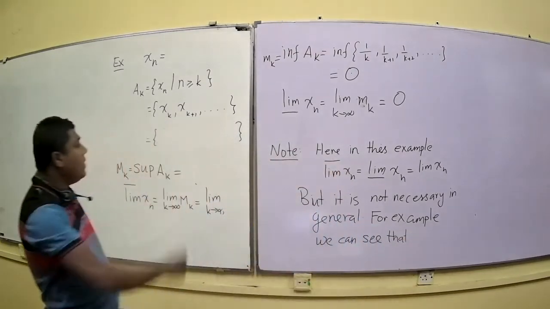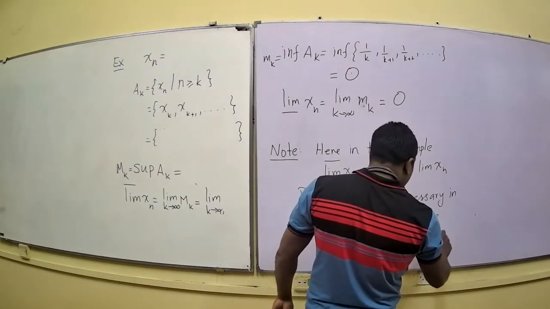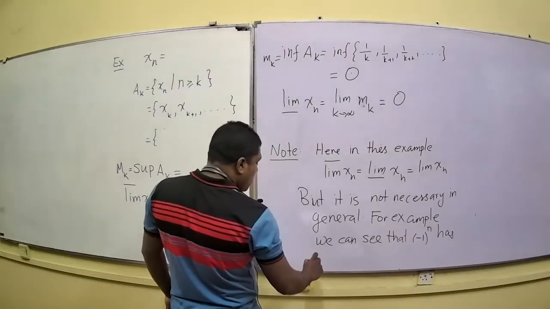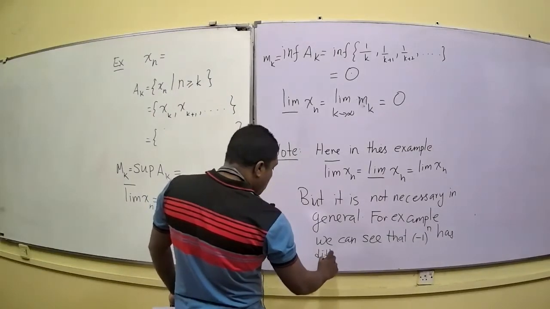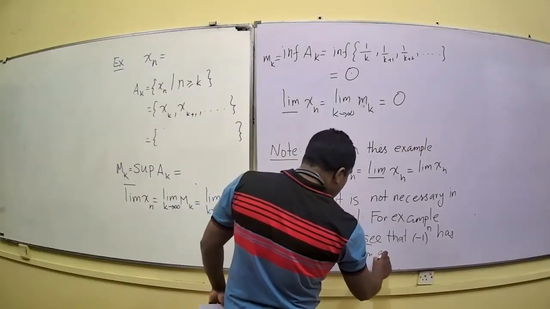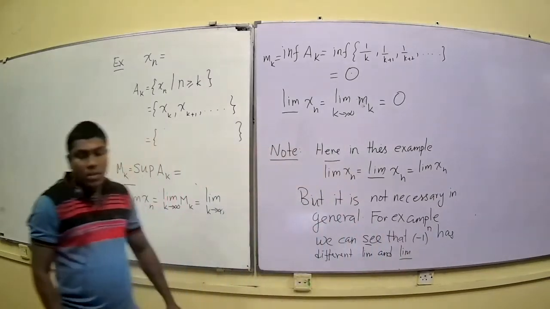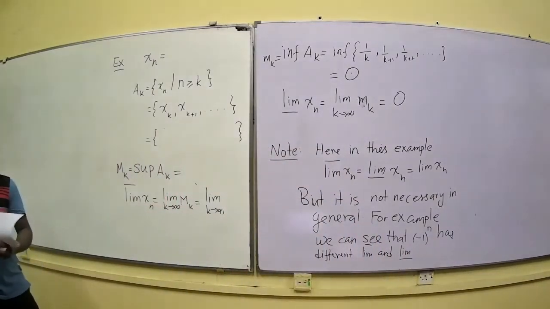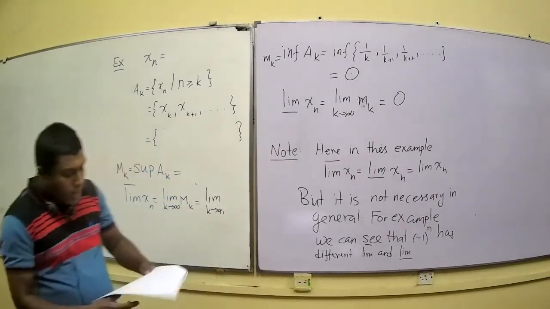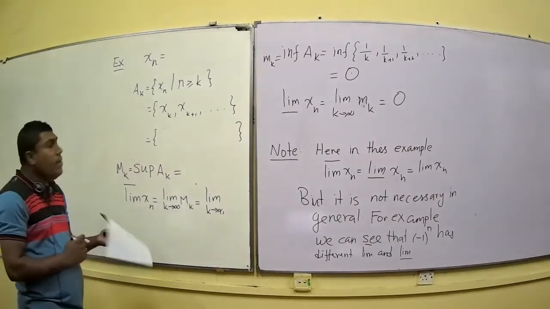For example, we can see that (-1)^n has different lim sup and lim inf. Unlike the previous example, (-1)^n has different values for lim sup and lim inf.